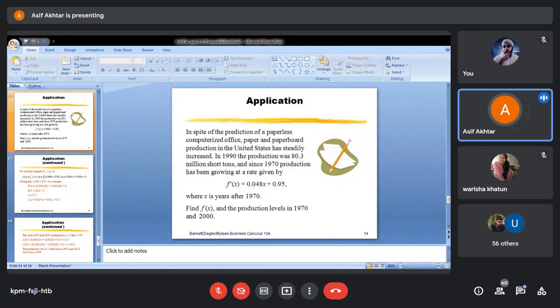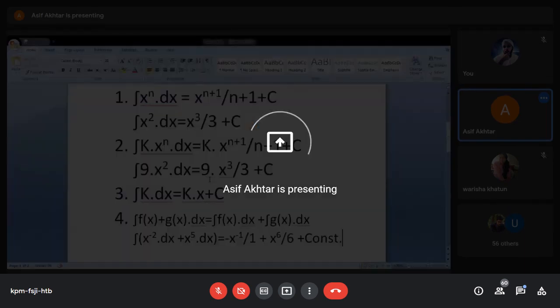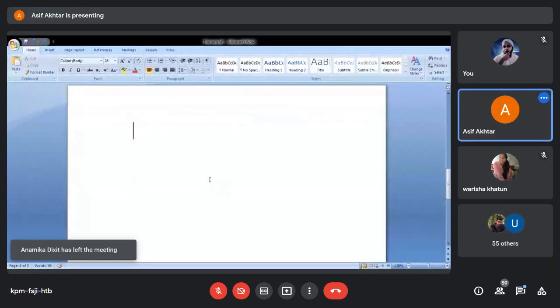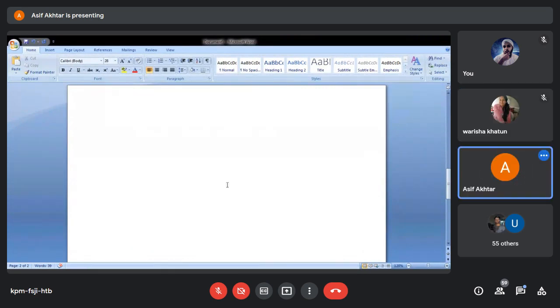मैं इसको word पे एक बार समझाने की कोशिश करता हूँ आपको. I just open up my word file. Is the word file visible to all of you? Yes, sir. Okay.